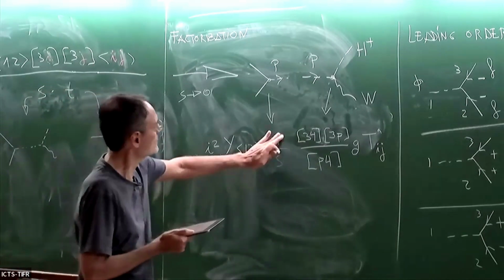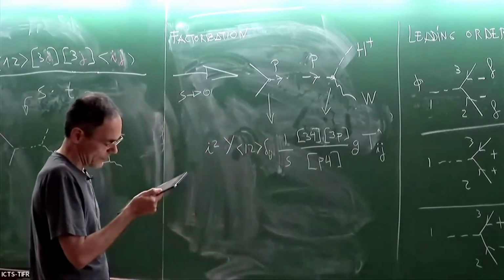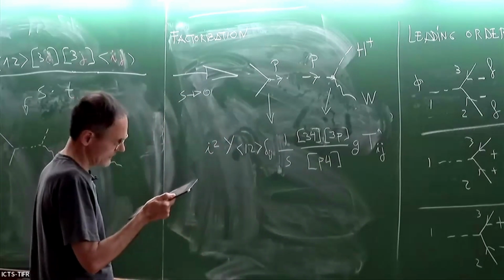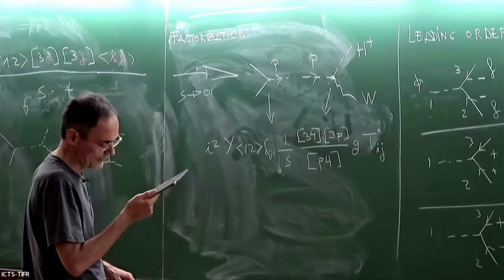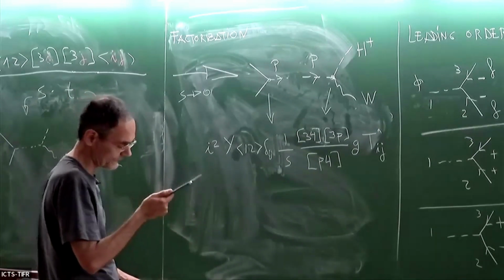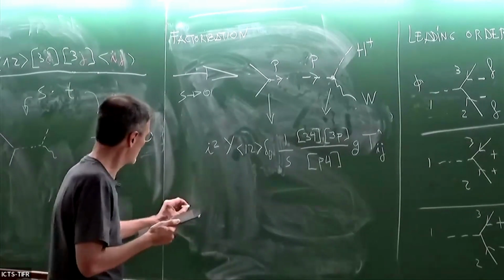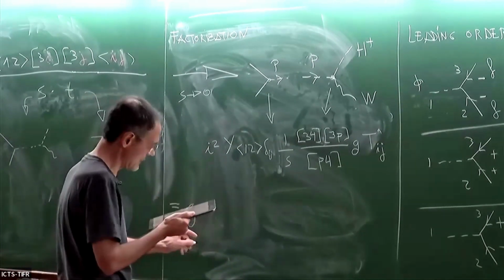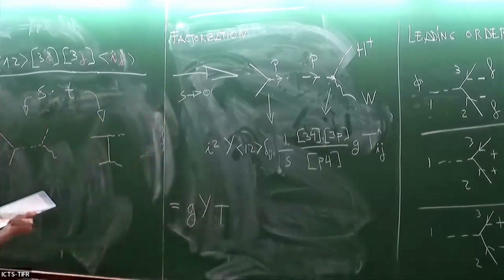In the middle, this is 1 over S. And now I'll do a little bit of manipulations to get it. And you see the coefficient that comes in front is going to be G, the Yukawa coupling.